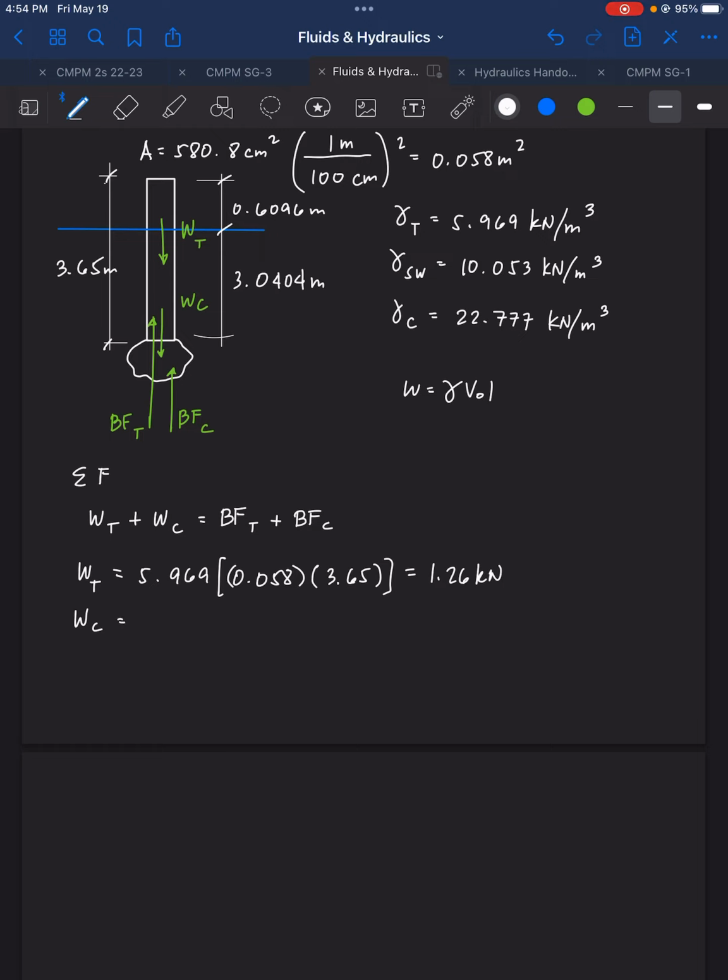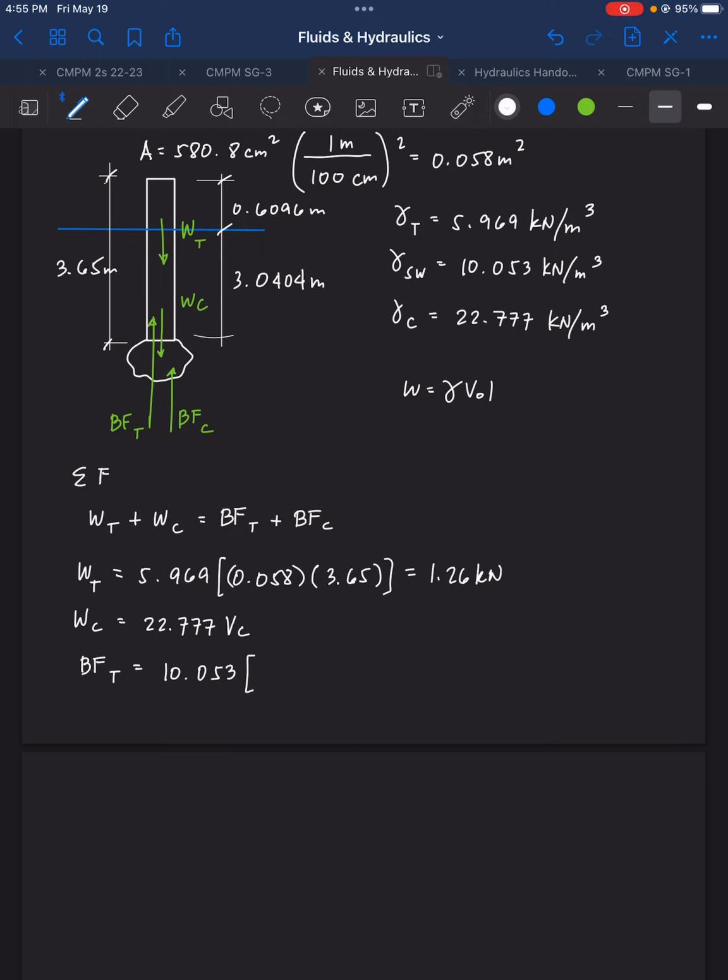So we have weight of concrete is equal to gamma times volume. So gamma for concrete is 22.777, and then the volume of concrete. Then we have the buoyant force for timber, and that is the salt water. We're going to use the liquid where the timber is submerged. So the submerged portion for the timber is gamma of salt water multiplied with the volume submerged.